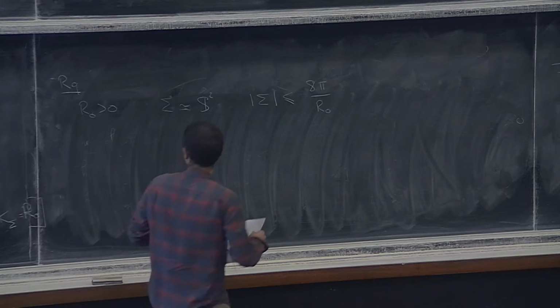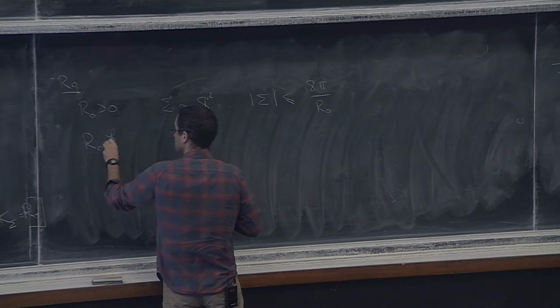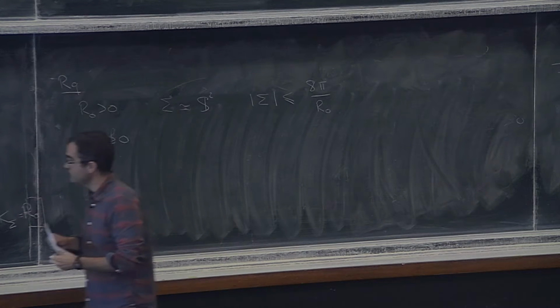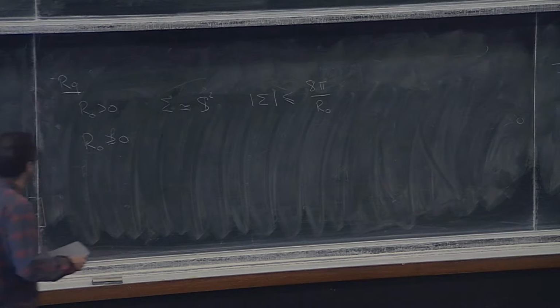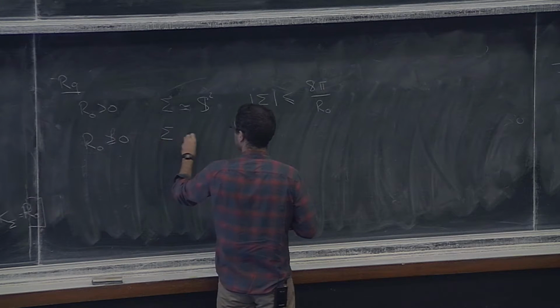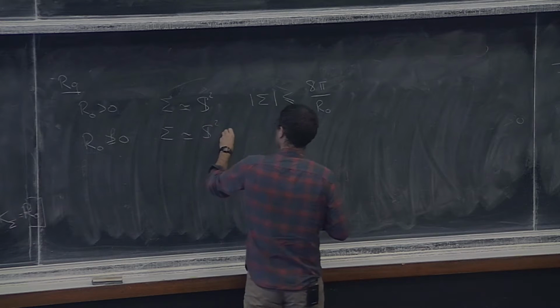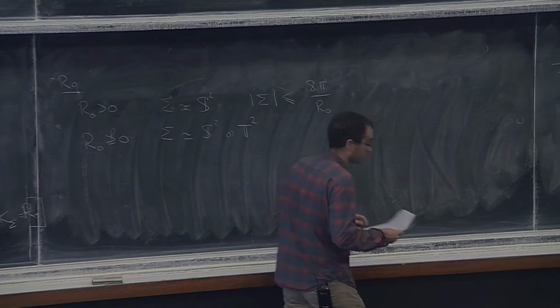Okay, if R0 is just non-negative, what you get is that this Euler characteristic is non-negative, so sigma is either S2 or the 2-torus.